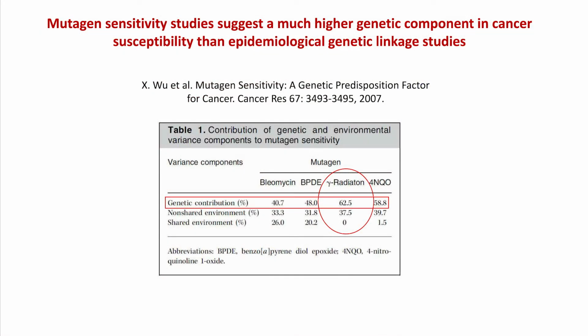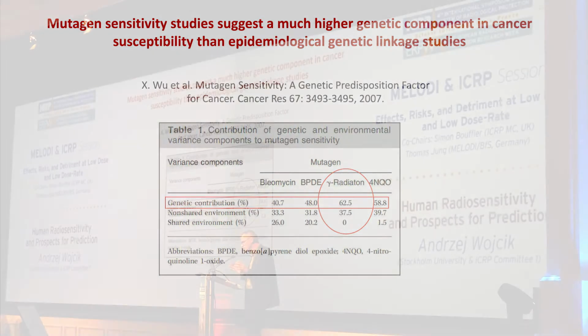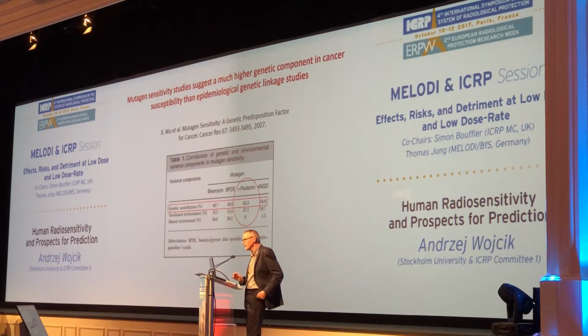But the strange thing is that we see many more. I mean, you would expect, and yeah, this in vitro radiosensitivity, this is a genetic trait. But the percentage of people that show this high radiosensitivity is higher than the genetic component that you expect to contribute to cancer.